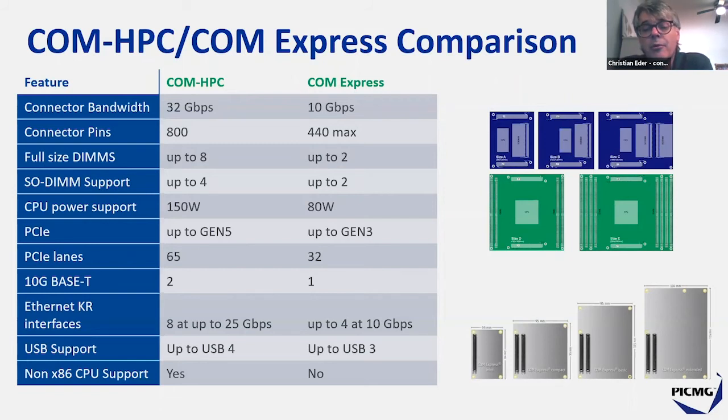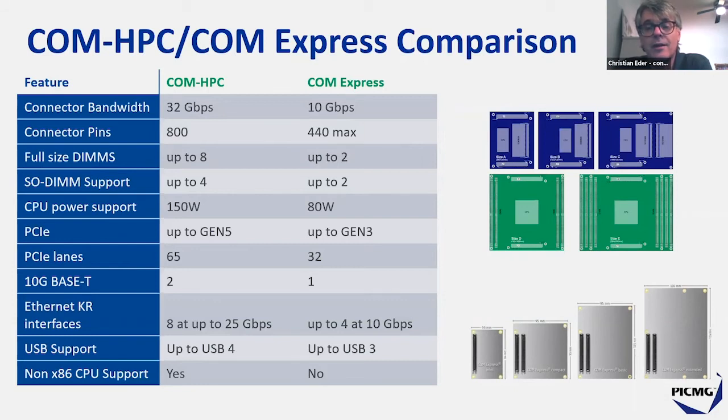Also from the memory, as COM-Express modules are smaller and are typically designed for small SODIMM memories, which are notebook-like memory modules, COM-HPC can utilize full-size DIMMs, at least 2 on the server types, the green ones here on the screen, and up to 8 full-size DIMMs can provide up to 1 terabyte of DRAM.